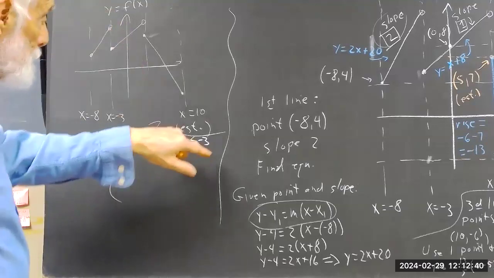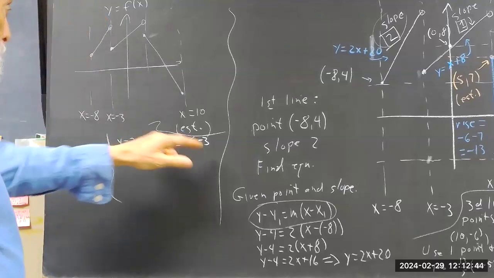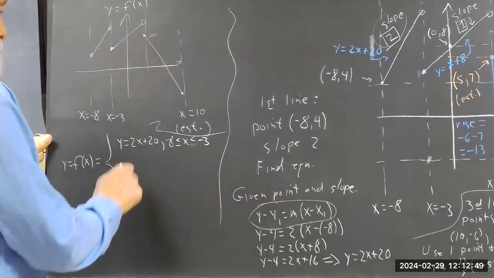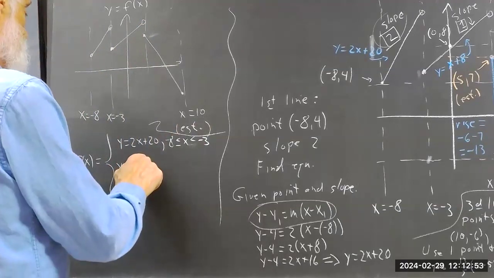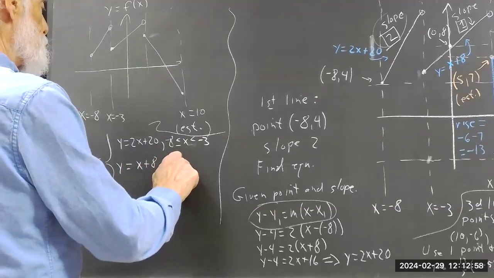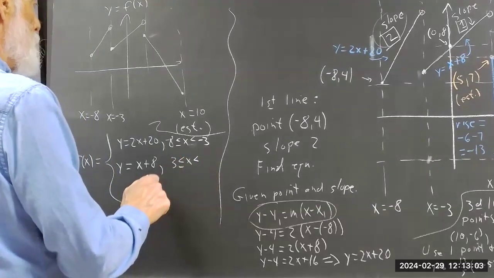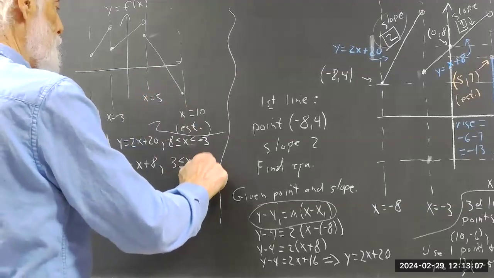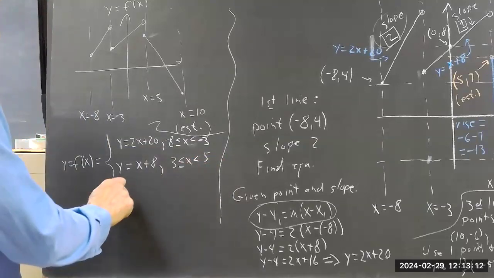Every x value up to -3, we got a point on the line, but not at -3, because at -3, we'll go to a different function, which we found to be y equals x plus 8. And this is true if -3 is less than or equal to x, but not if x equals 5. Right up to, but not at x equals 5.